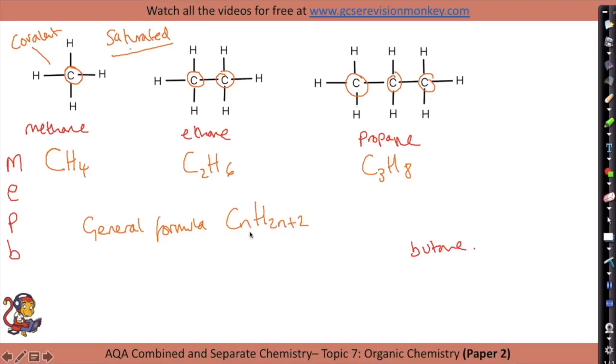All that means is for whatever number here that you have, to work out the number of hydrogens, you double it and add 2. For example, here, if you double 2, add 2, you can work out that it has 6 hydrogens.